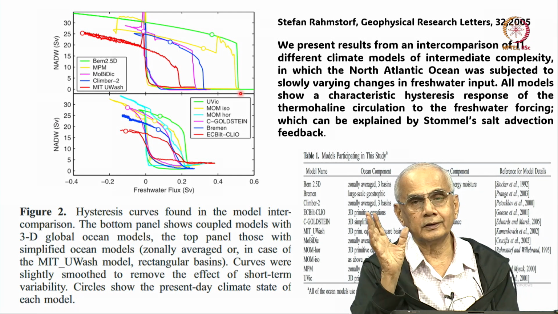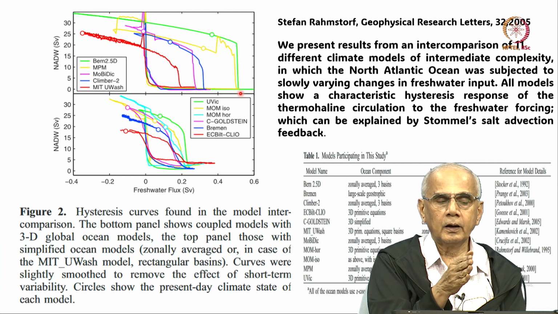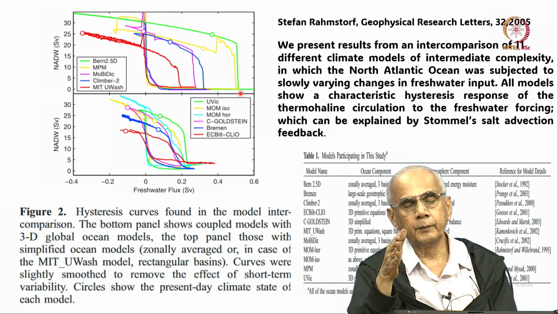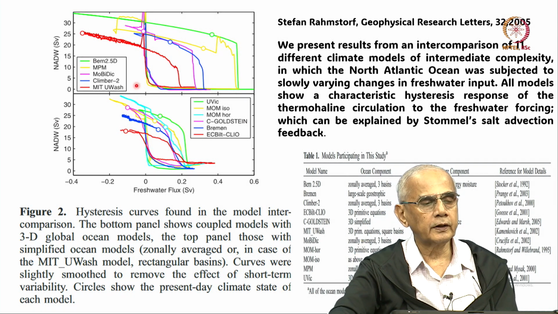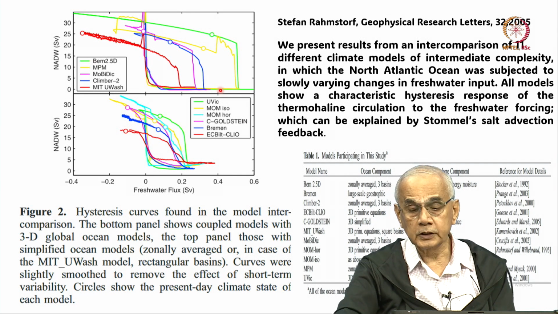Now, this is a very big difference, because these changes occurring at different freshwater input implies a difference in time. So, between here and here there may be a difference of 100 years. So, this is an issue.